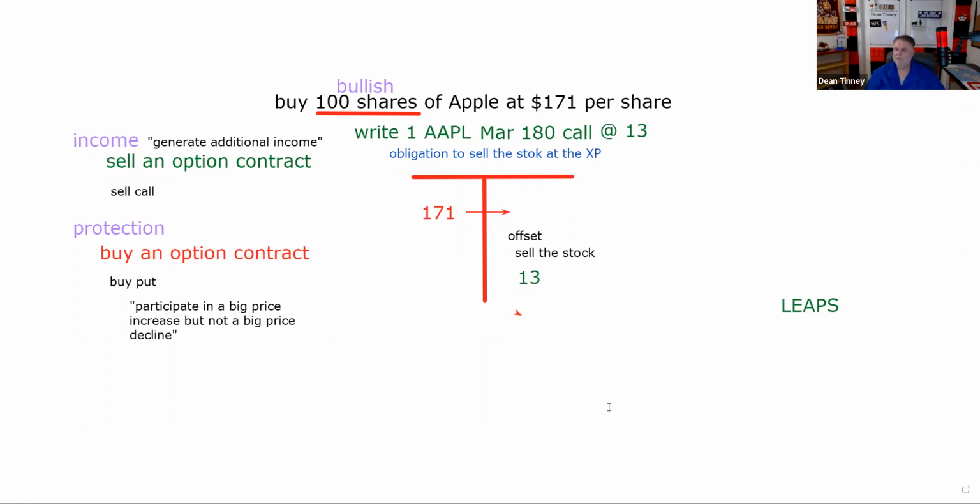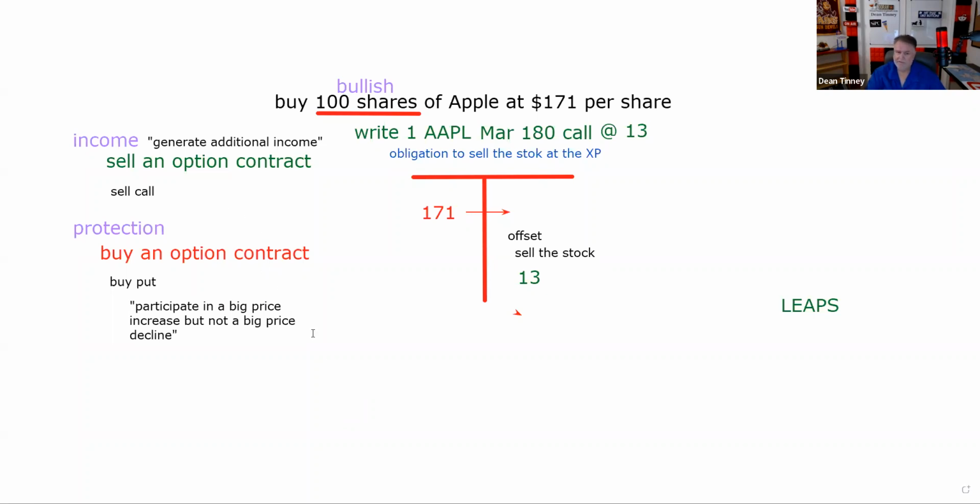By the way, that's kind of cool. We lowered our out-of-pocket cost. This is the one time and the one time only that we have a call and we're not adding to get the break even.